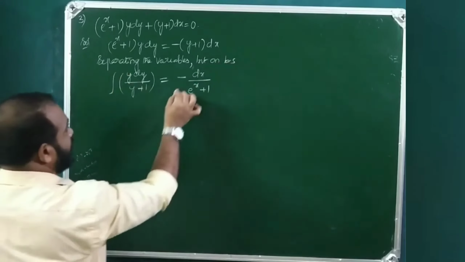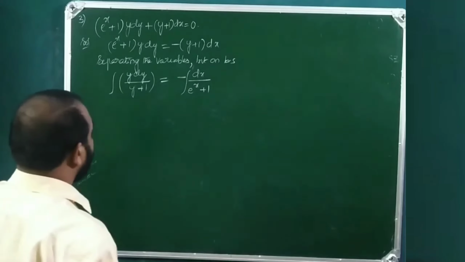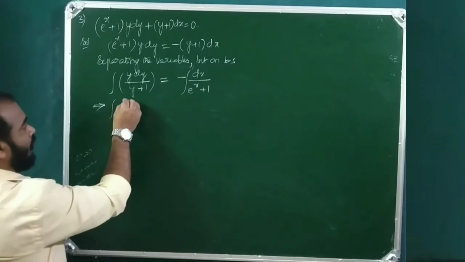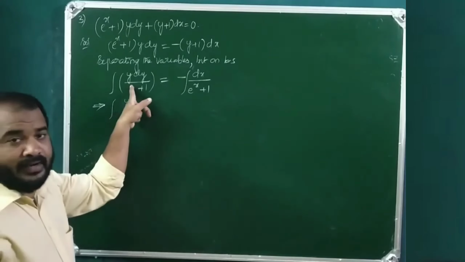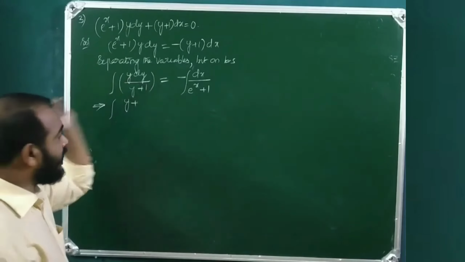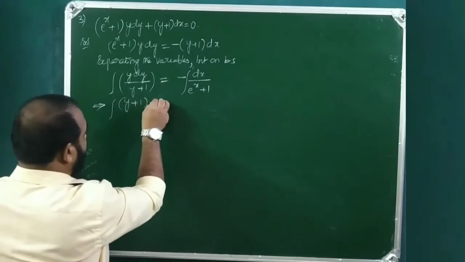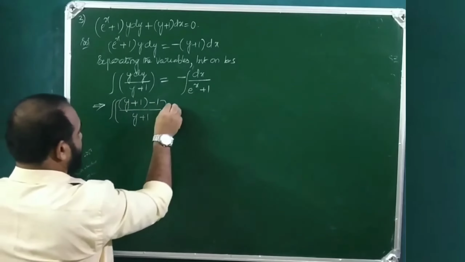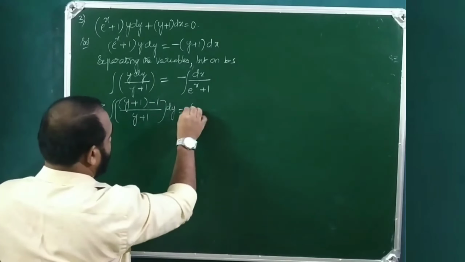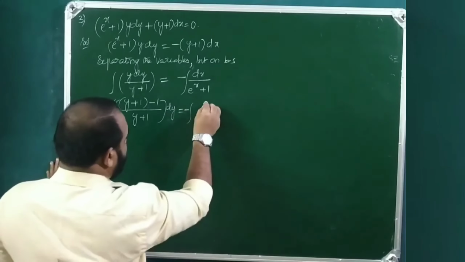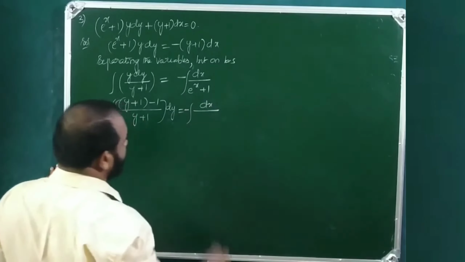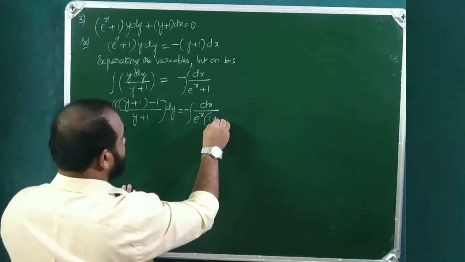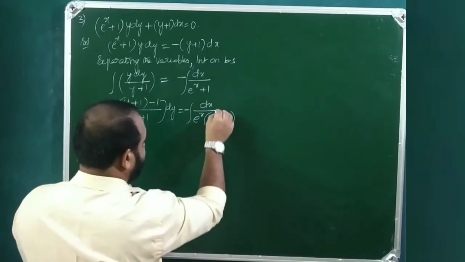Now, integration of y by y plus 1. I will add and subtract 1 in the numerator: y plus 1 minus 1 by y plus 1 whole dy equals minus dx by, let us take e power x as common here, so this is 1 plus 1 by e power x.